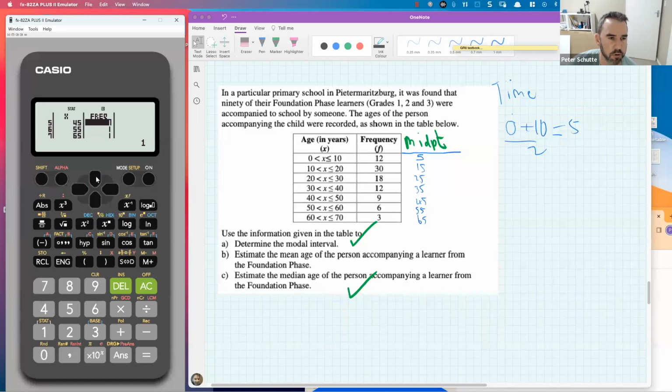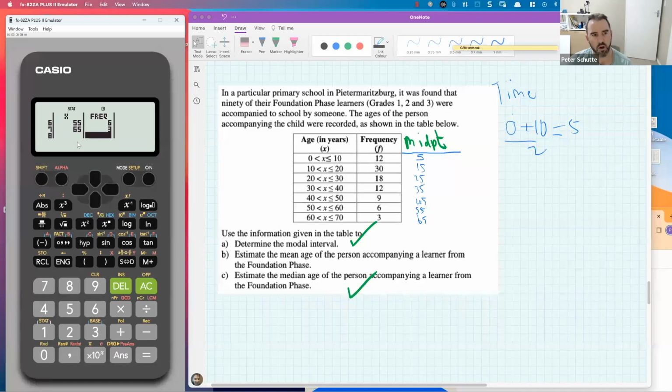I need to put my frequency column in as well. And my frequency column is 12. So equals 30 equals 18 equals 12 equals 9 equals 6 equals 3 equals.